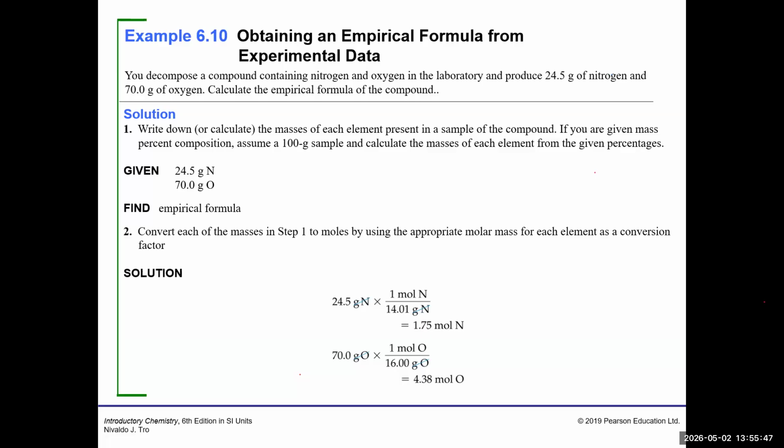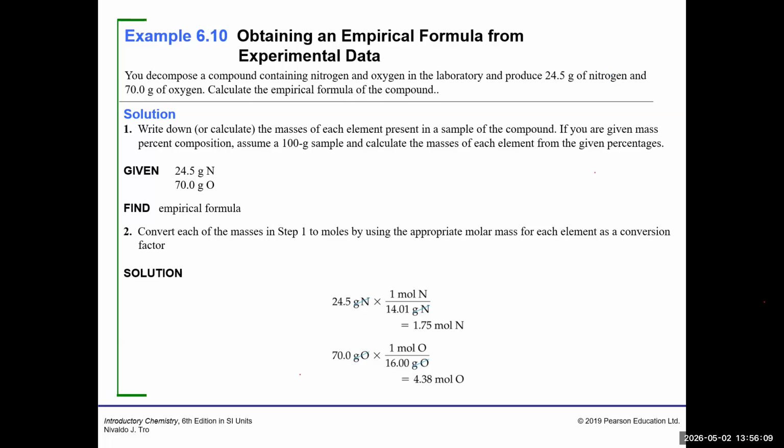You convert each of the masses from step 1 to moles. This mole thing is very important, everywhere moles. Convert each mass to moles by using the appropriate molar mass of each element as a conversion factor. So we convert 24.5 grams of nitrogen into moles.